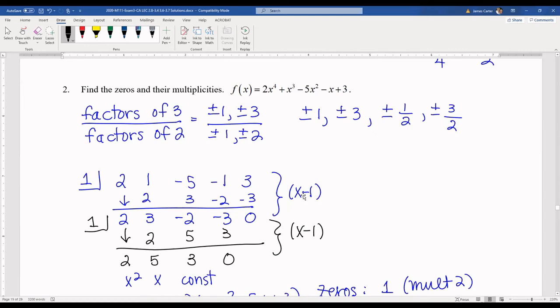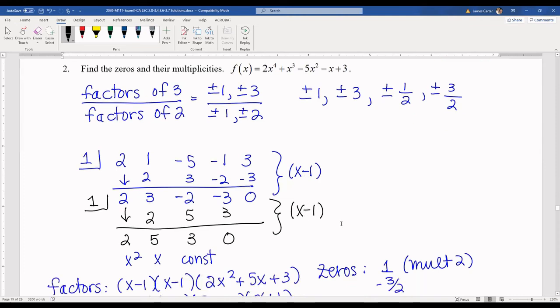So that means x minus 1 is indeed a factor of this problem. Well, we're going to try a 1 again, because you can have 1 multiplied by itself multiple times. We try it again, and we get a 0 remainder again. So that means we have a multiplicity 2 of the factor x minus 1.